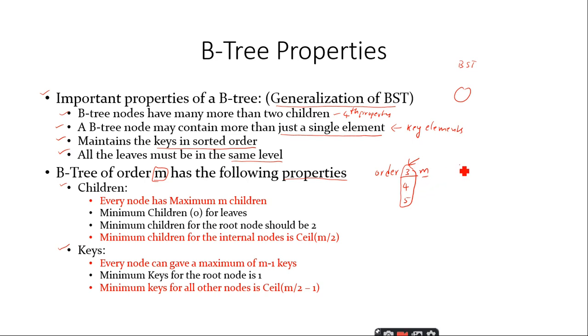For example, a B tree of order 4 means every node in the B tree can have a maximum of 4 children. Order 5, every node will have a maximum of 5 children. So M represents the order of the B tree, which in turn represents the maximum child nodes. Very important property, right? So maximum M children can be there for every node.